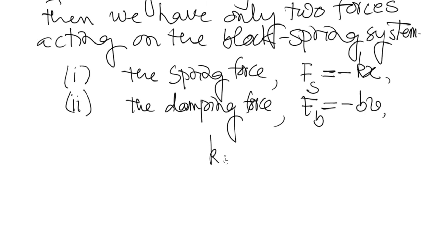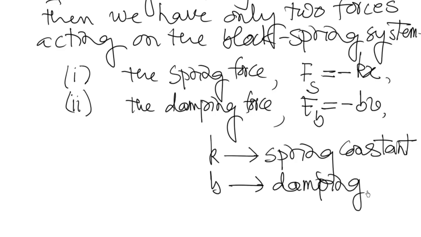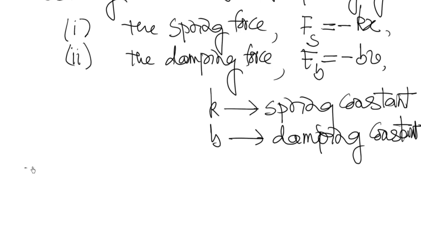So we know that K is the spring constant, and B is known as the damping constant of the liquid. Remember, the liquid is a viscous liquid, therefore there is a damping constant. Okay, now we can write down the total force.